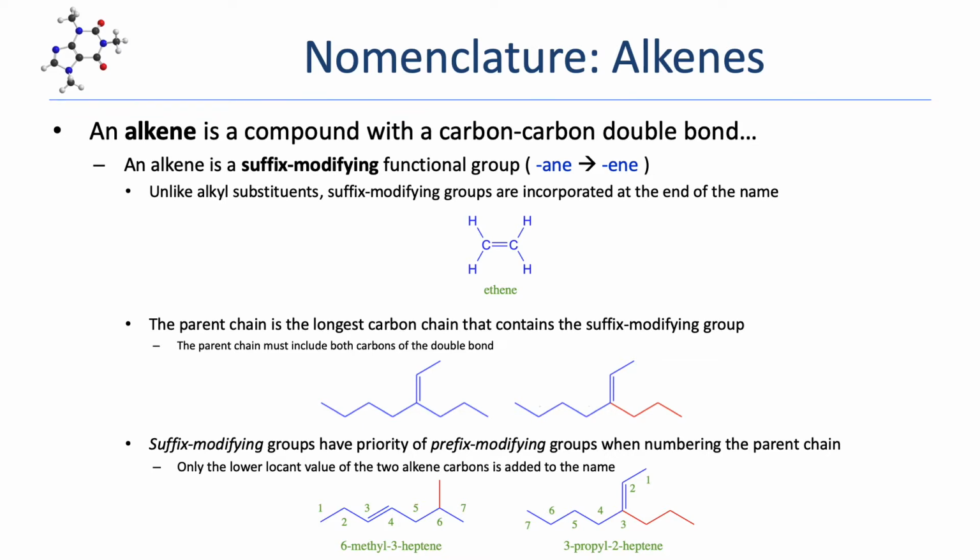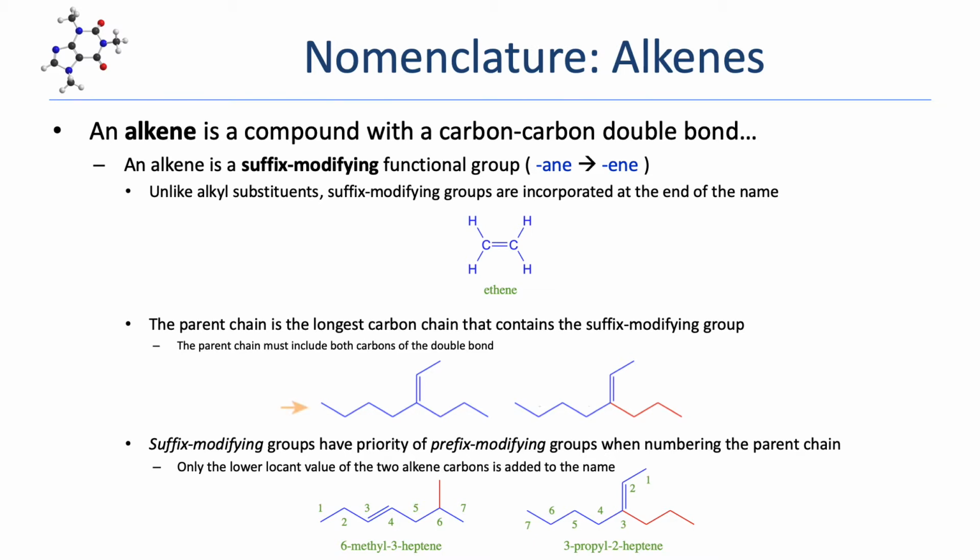Unlike other functional groups like alcohols and amines, where the functional group is attached directly to one carbon, an alkene actually shares the double bond, the functional group, across two carbons. And that means that for alkenes, both carbons of the double bond must be incorporated into the parent chain. So the parent chain will be the longest carbon chain that actually has both of those alkene carbons.